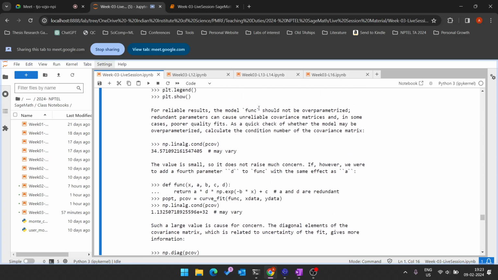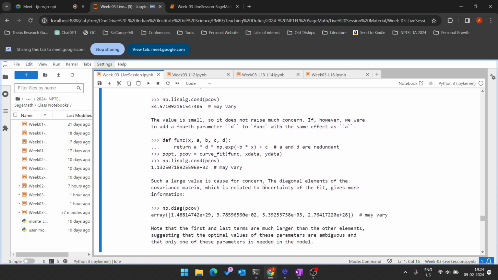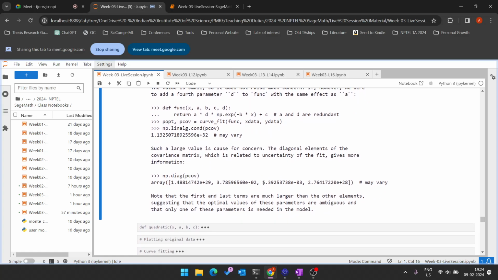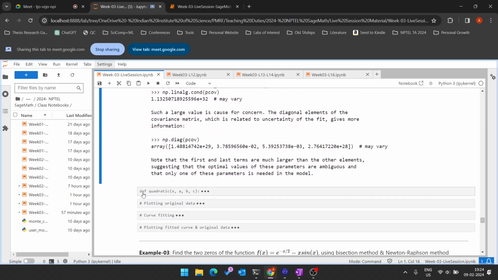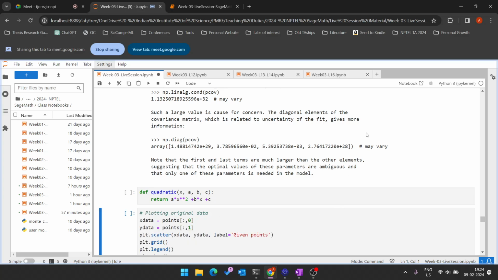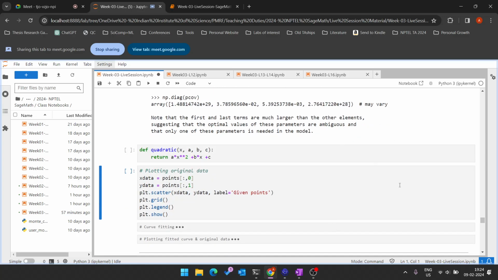It also mentions that our function should not be over parameterized. So what does this mean? You could theoretically write a function which has, say, 10 polynomial terms rather than a quadratic term, and then see how it could in theory give you even better results than your quadratic term.